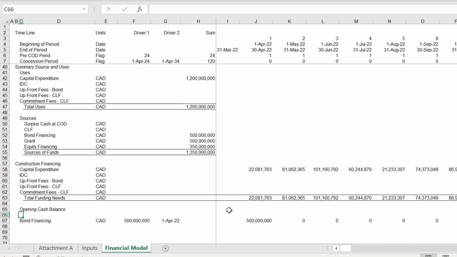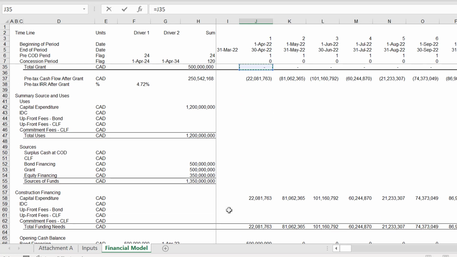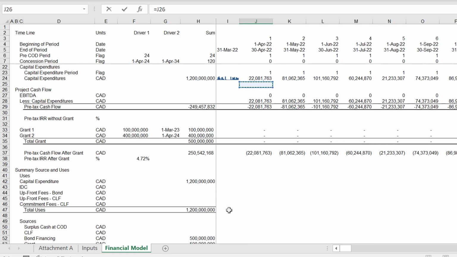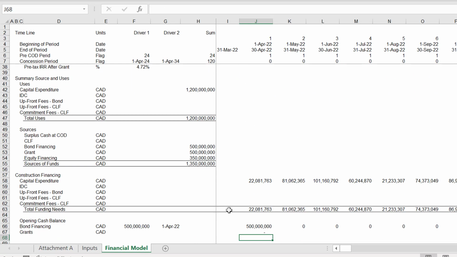After we have the opening balance, we'll add the bond financing, put our grants in there. Okay. And then eventually we'll see how much balance we have left, and I'm absolutely sure that I'm going to change this in a minute.